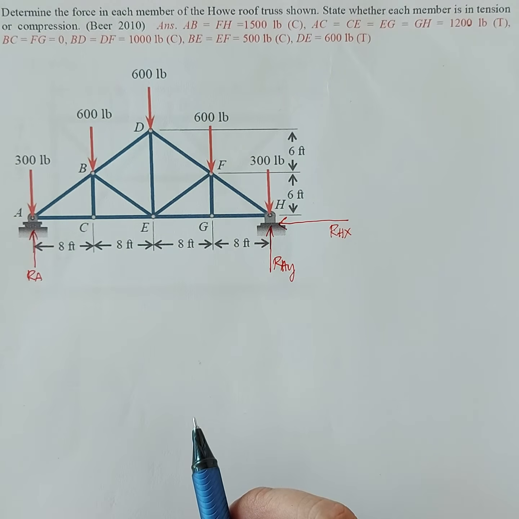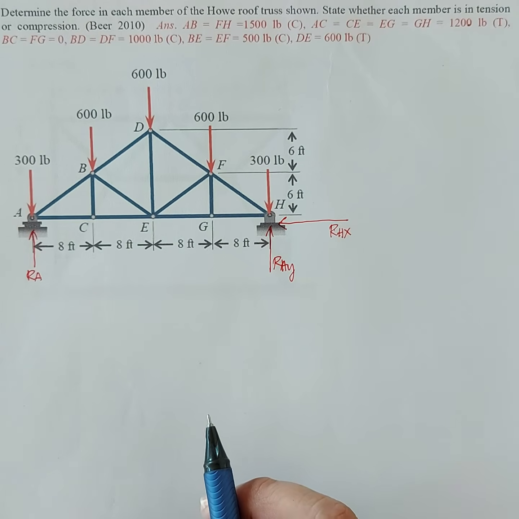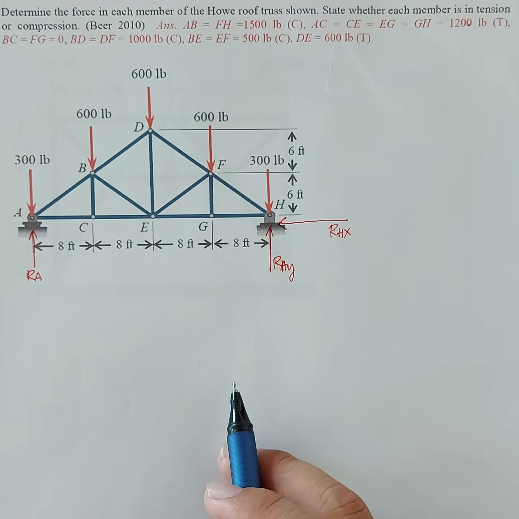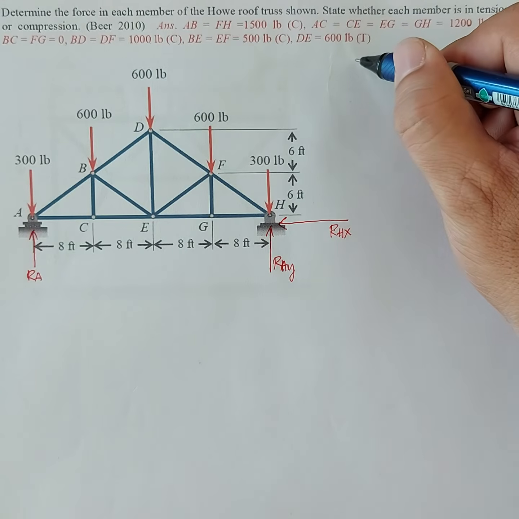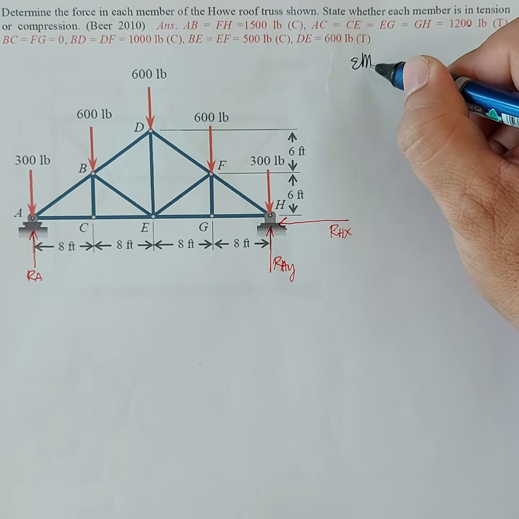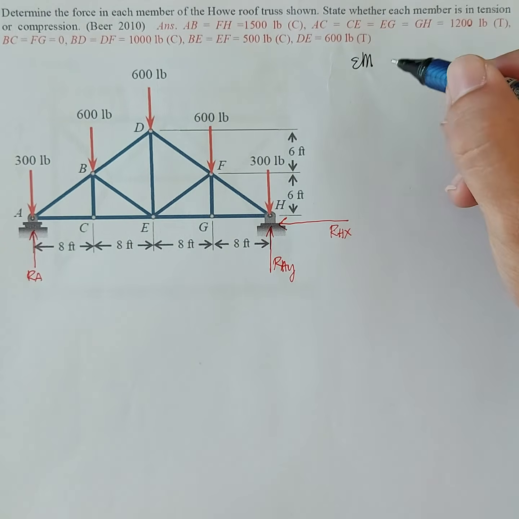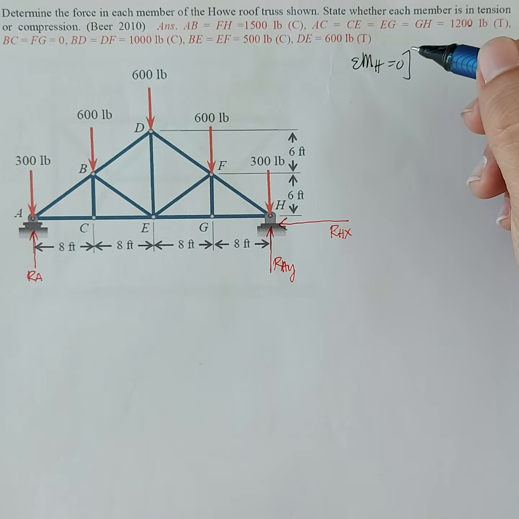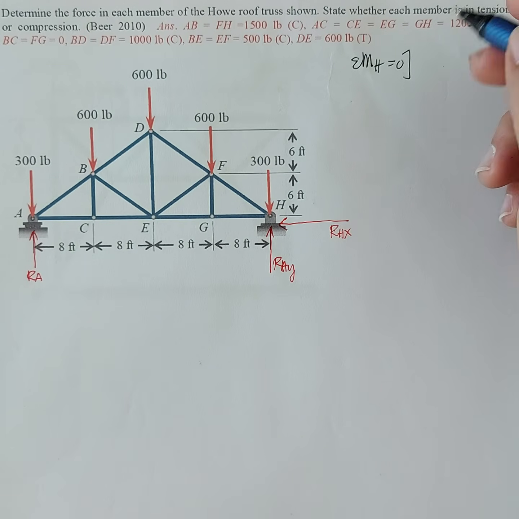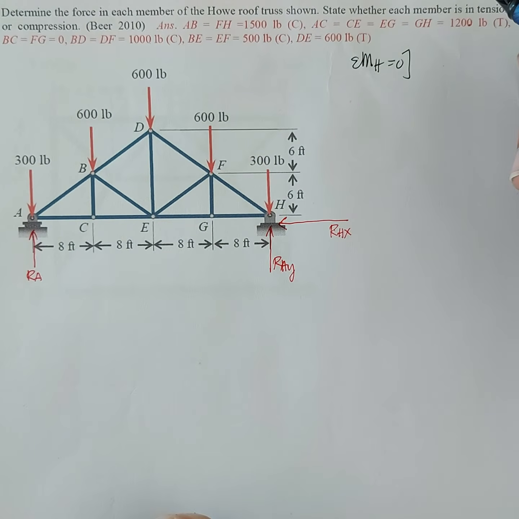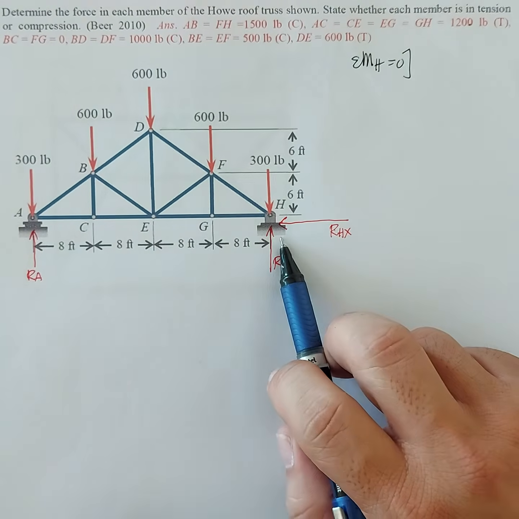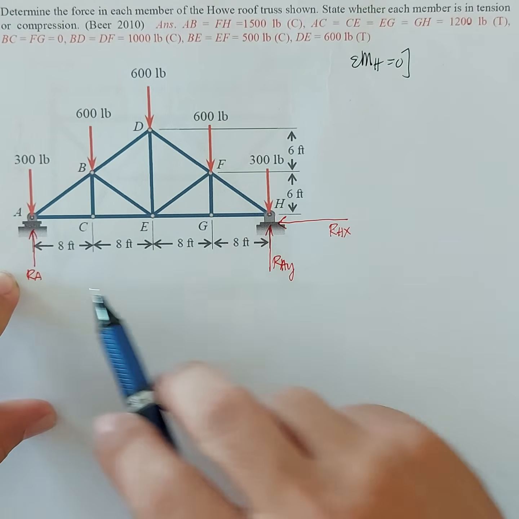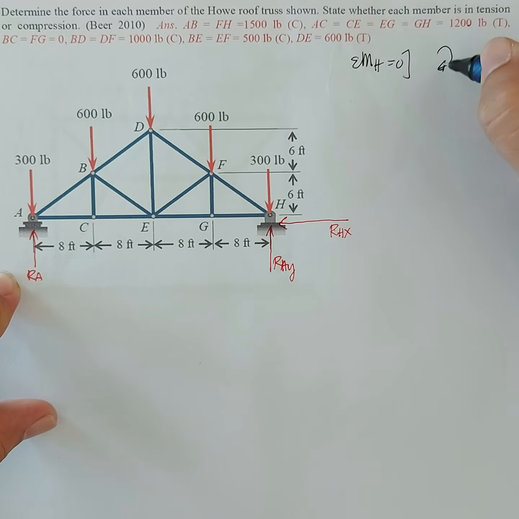So let's solve the reactions. Again, we summate moments where two or more unknown forces are located. We summate moments at, where is that? That's H. So the summation of moments at H is equal to 0. What creates a moment at H?